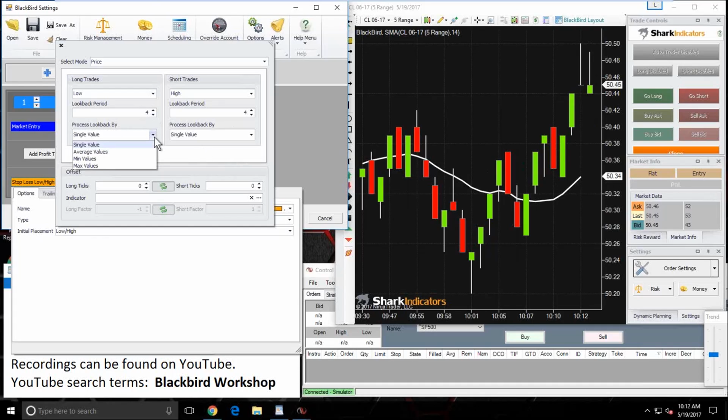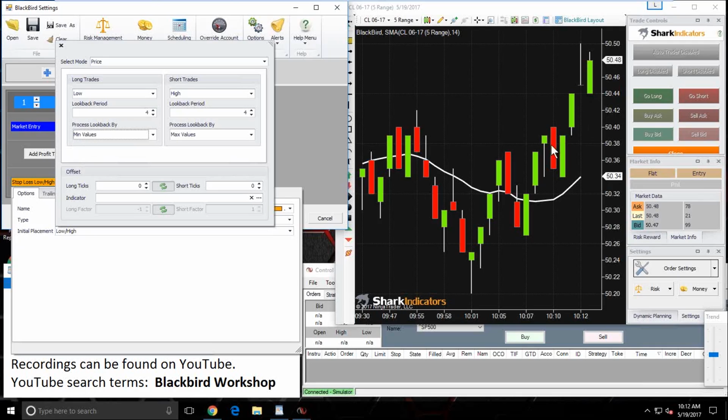Now, typically, I'd say most people probably want to use the lowest low of all 4 bars back. So you're going to want to set it to, most people are probably going to want to use the minimum value of the last 4 bars, right?